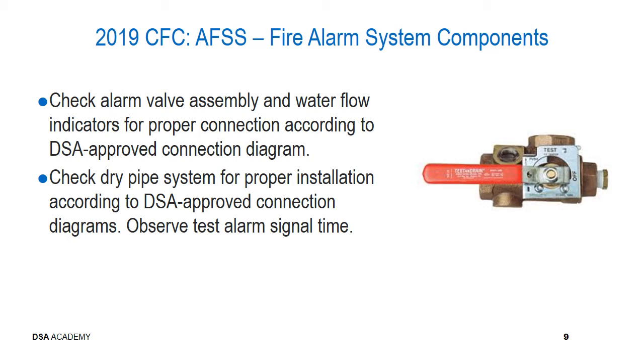Dry pipe systems have other signals such as high and low pressure if there's a compressor on the system, could be valve opening, supervisory switches, or other tamper switches that need to be connected to the fire alarm system. So we want to observe that all of the test alarm signals are received at the control panel in the appropriate time.